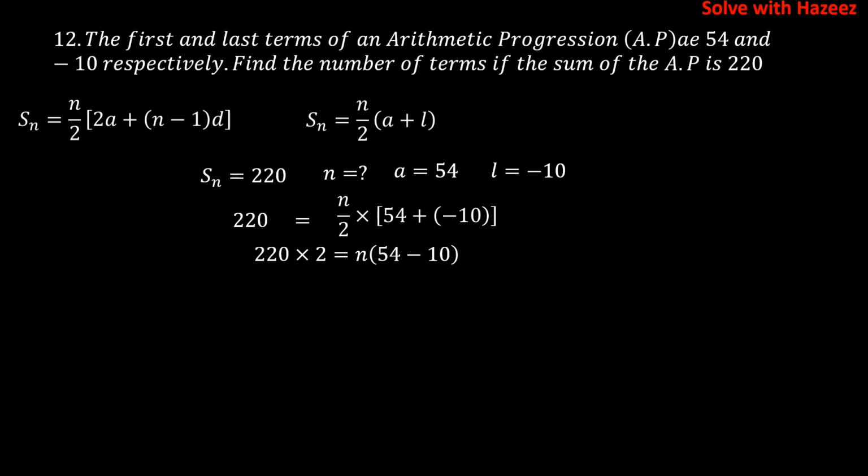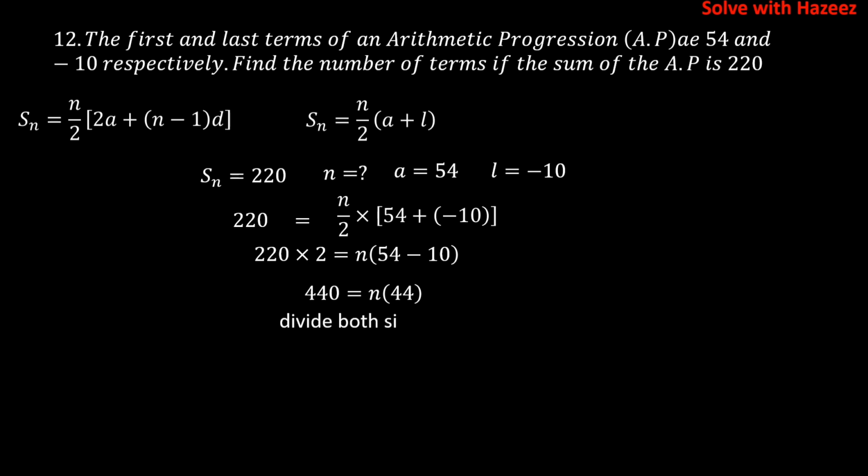We multiply both sides of the equation by 2 in order to reduce the fraction. So we'll have at the right hand side n open bracket 54, then plus times minus, that makes it minus 10. 220 multiplied by 2 results in 440 equal to n open bracket 54 minus 10, that gives 44.